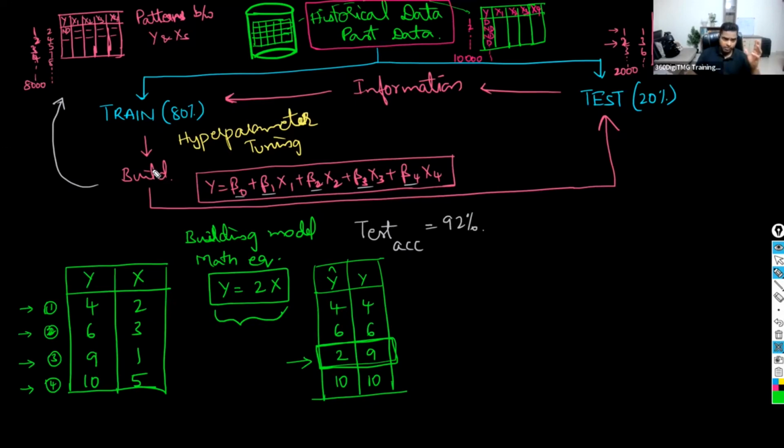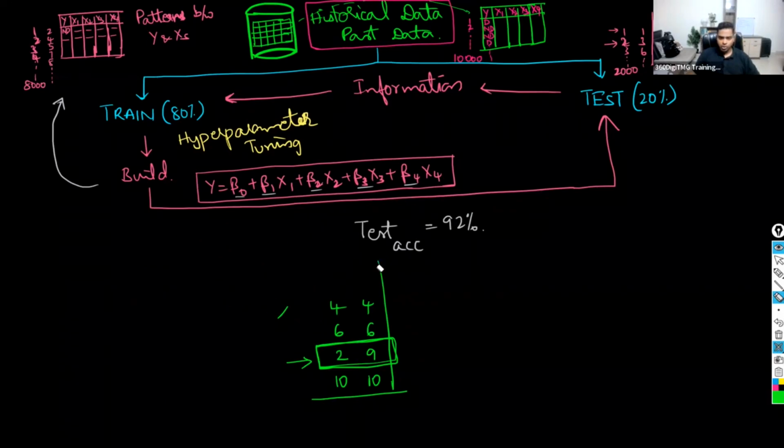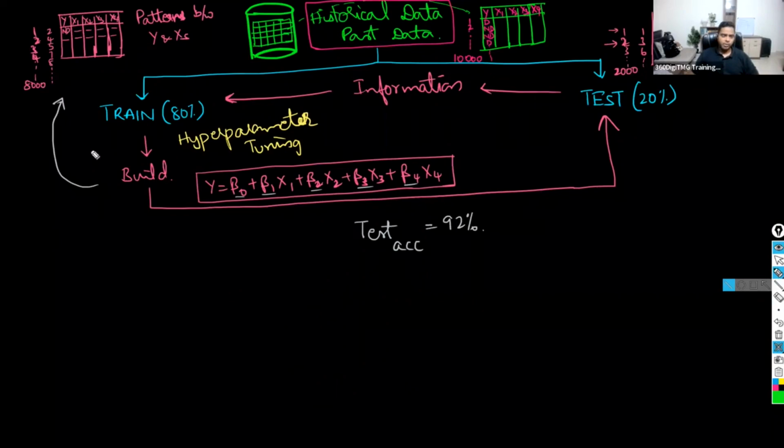You cannot assure that. Hence, what we are doing is, once you build the model, you're also testing on the training data. It's like you're testing your student on pre-finals, right? To see whether the final exam result is a fluke or is it based on some kind of real hard work that is being put in. So when you test on the training data, you get training accuracy.